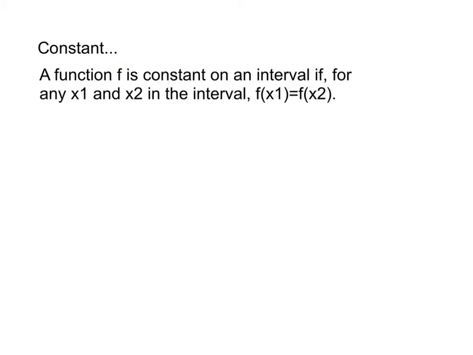Here's our third case. Our function may be constant on an interval if for any x1 and x2, it doesn't matter which one's larger, f of x1 is equal to f of x2.